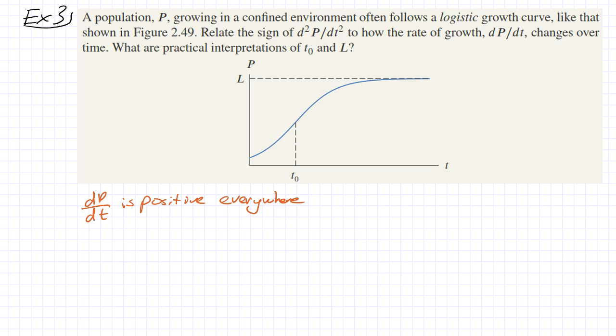Now, this is a thing that happens in real life. If you imagine that you start by putting 10 bacteria in a petri dish, then it takes a certain amount of time to get up to 20. Then when there's 20 bacteria in there and there's plenty of food, they're going to be able to grow faster because there's more of them to eat. So then they take the same amount of time to reproduce, and they get up to 40.